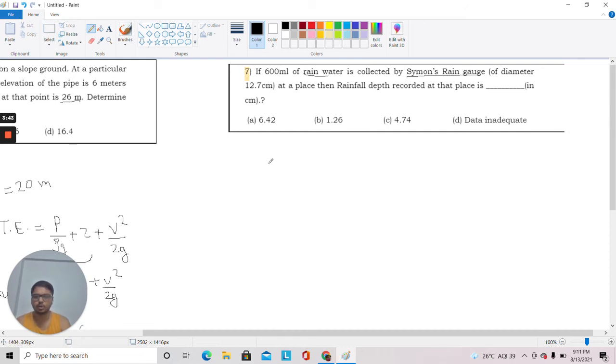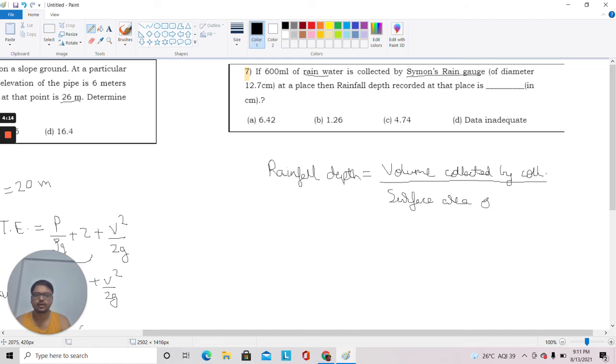So basically you know that rainfall depth can be calculated by a simple formula: volume collected by the collector upon surface area of collector.